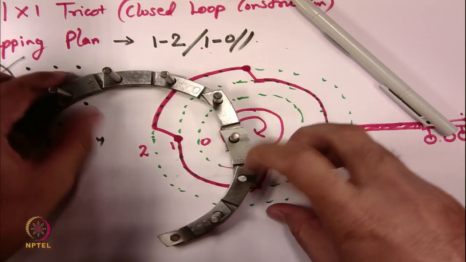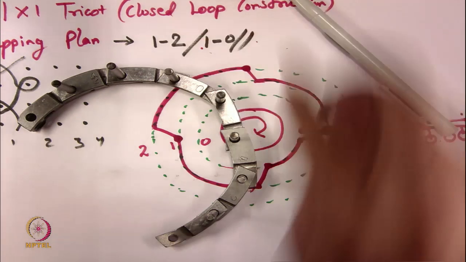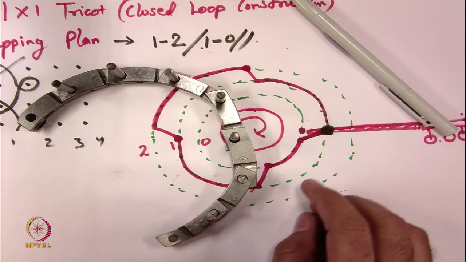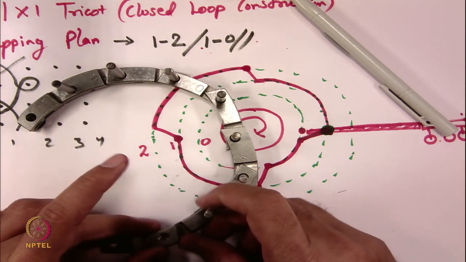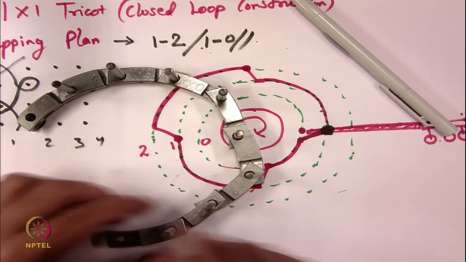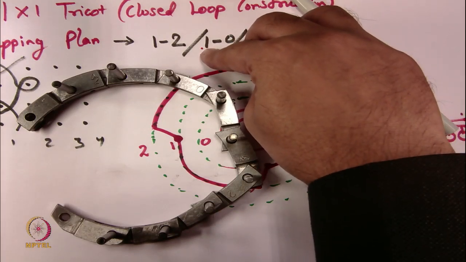Okay. After 0 again we can start from 1 and 2. So, this is 1, after 2 we have to use 1 again.